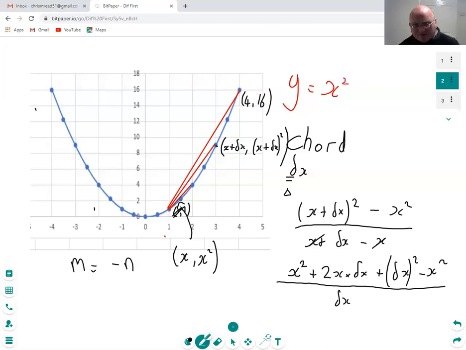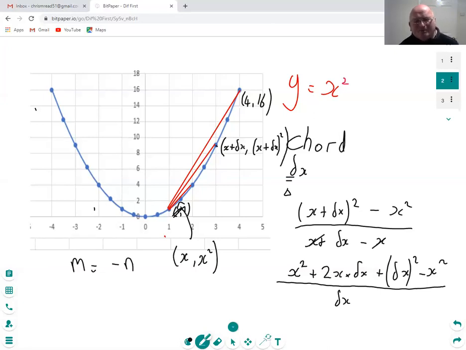Okay. Now, that's what we've got. But what we're actually going to try and do here, I'm going to introduce a little bit more terminology. What we're interested in is this thing here. I've drawn on there that delta x is quite big, so we can see it on the graph. But we actually want delta x to be nothing, because when we work out the gradient at the point x squared, we want the chord to actually be a tangent, infinitesimally close to that line.